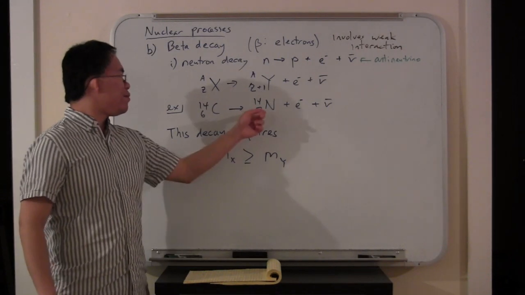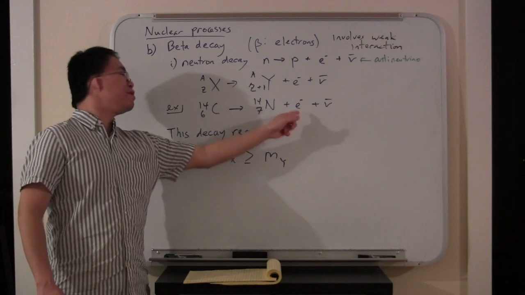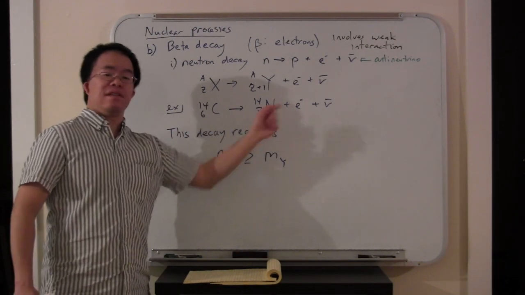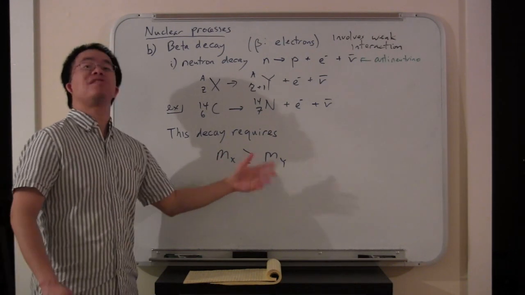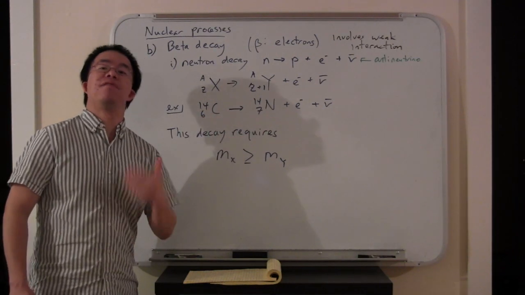So this atomic mass actually includes the mass of the beta particle that's emitted in the decay. And that's why we can just compare the atomic mass of the parent and the atomic mass of the daughter.